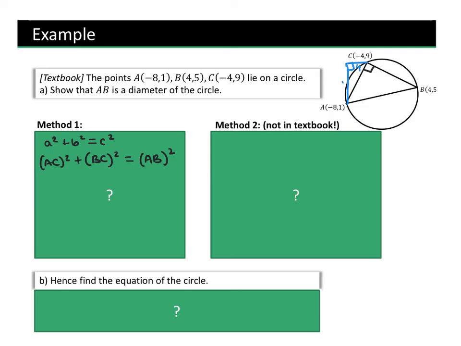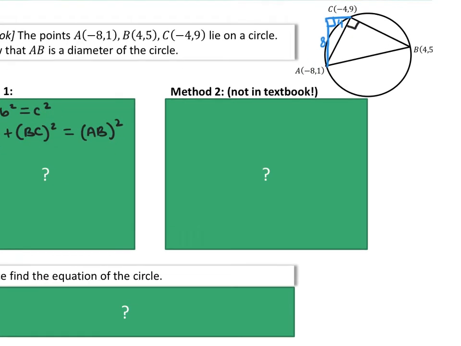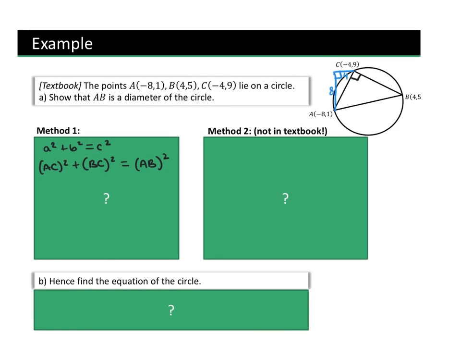From 9 to 1 is 8. So AC is in fact 8 squared plus 4 squared, square rooted. So AC is in fact root 80. Everyone happy that I did that? Or just went for that? Does anyone want me to break that down?